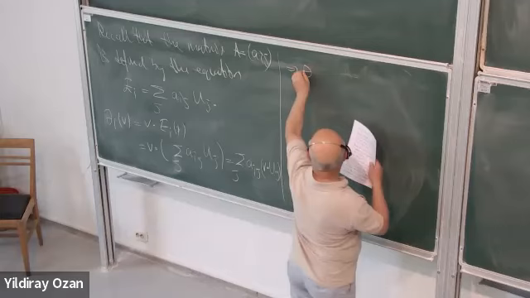Therefore, instead of V dot product with u_j, I can write dx_j evaluated on the vector V. So this is the sum over j of a_ij dx_j evaluated on the vector V. And this is true for any vector V in T_pM. Therefore, this one form is equal to this one form.